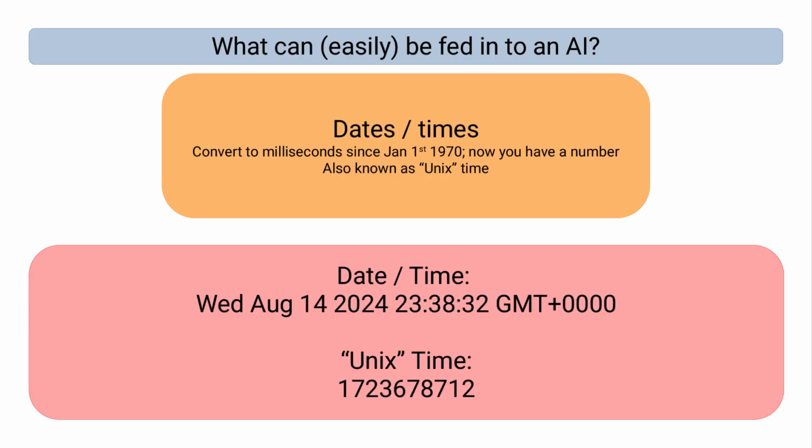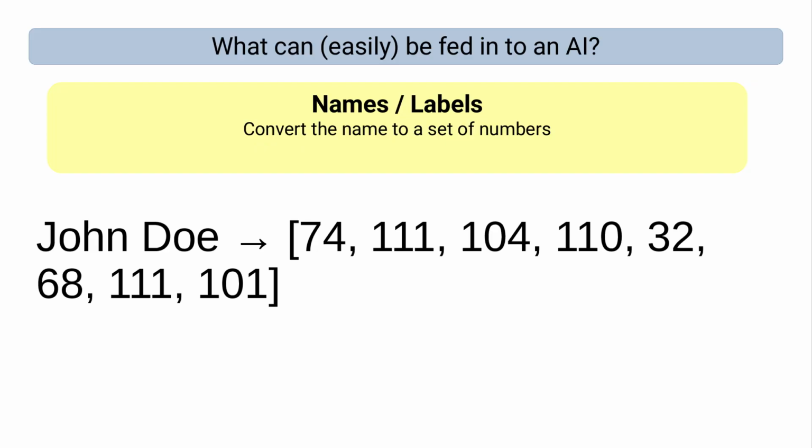So you can actually set as your input a bunch of timestamps into the AI. And as we talked about earlier, text is really a series of numbers as well. So somebody's name or your case note can be converted to a series of numbers as well.